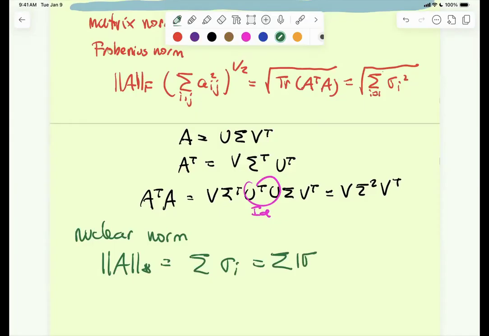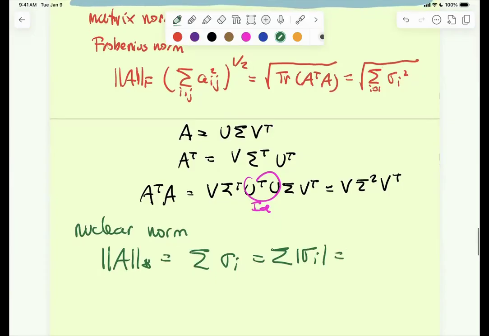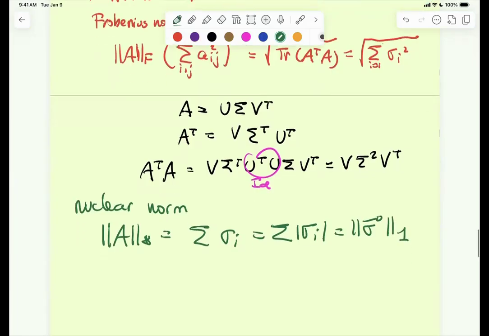But if you want to make it closer to the L1 norm of a vector, if you put all the singular values as a vector of singular values, this would be the L1 norm of that vector of singular values.